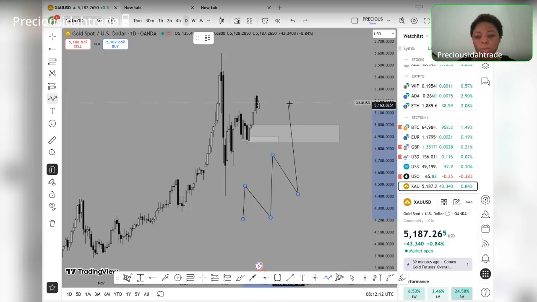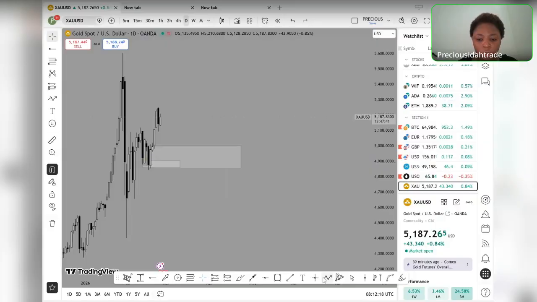The structure is like this. We have this low here, this high. We have a higher low here. Market goes up, giving us the higher high. Market comes down again to mitigate another block. Moving up, it gives us another higher high.